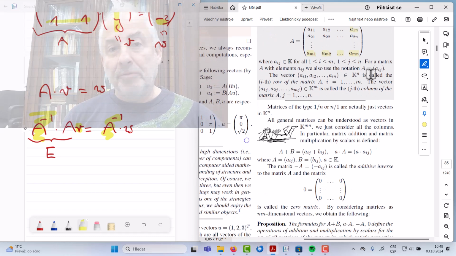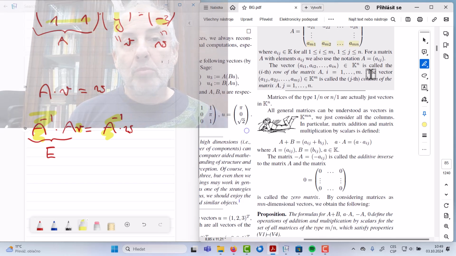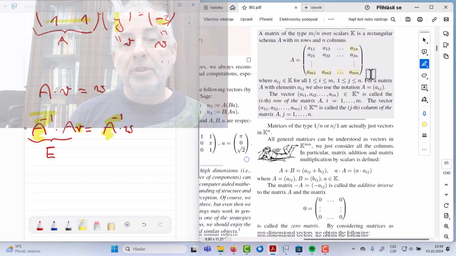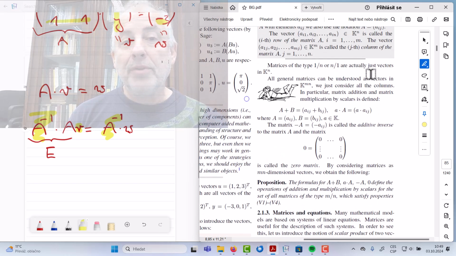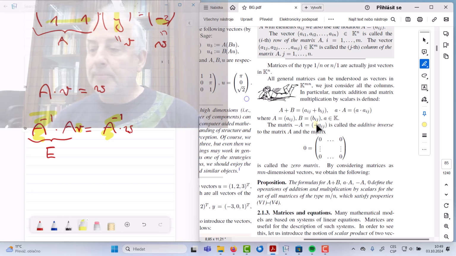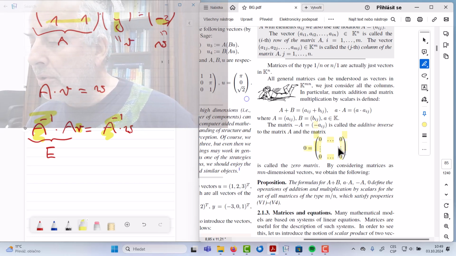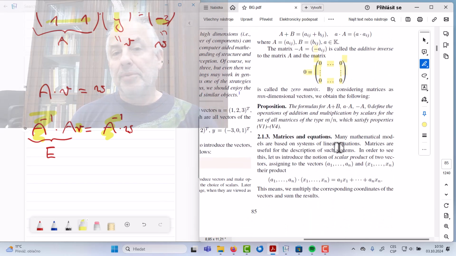But we rather will take care of the shape, and we talk about the rows, the columns of the matrices, as I did in the simplest case, and we always get the additive inverse, so that's this one, and we always have the zero matrix there. So you see the formulae just tell us that it's again a vector space in the same sense, right? So it satisfies all the things.